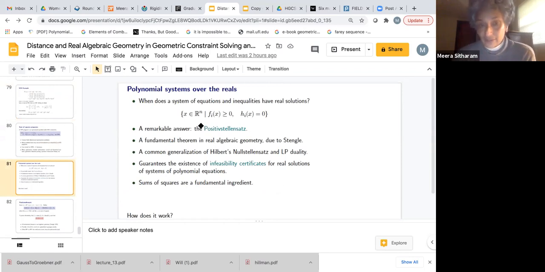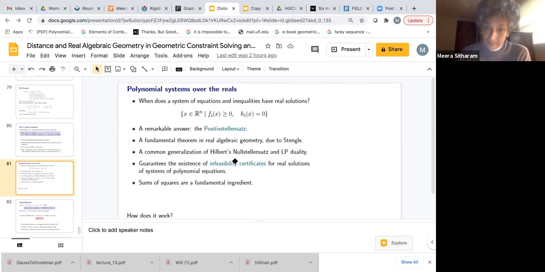Okay, so now going back to the Nullstellensatz, we want to ask whether a system of polynomial inequalities and equalities has real solutions. And the answer is something called the Positivstellensatz. It's a common generalization of Hilbert's Nullstellensatz, or at least the weak version, and LP duality.